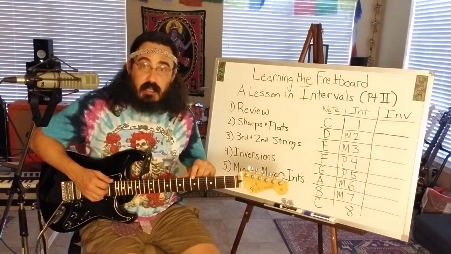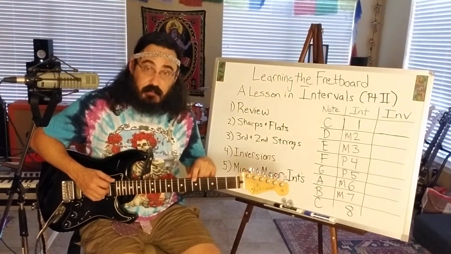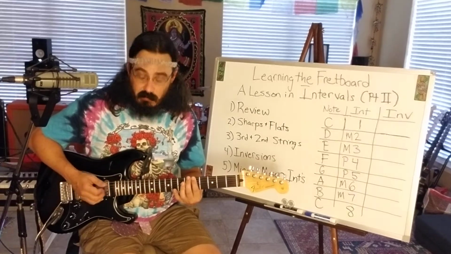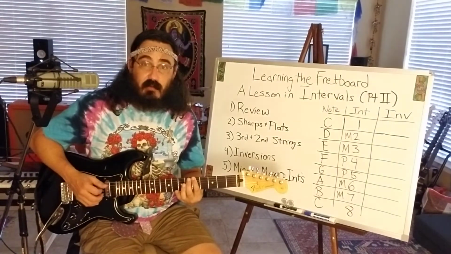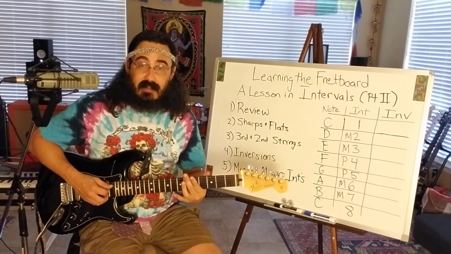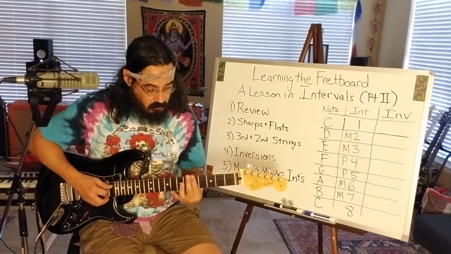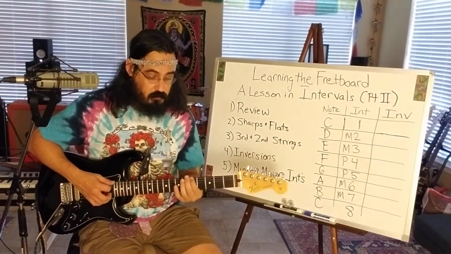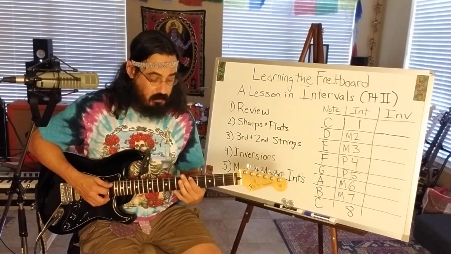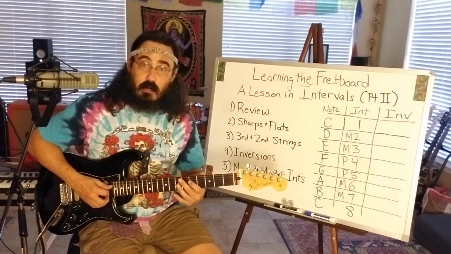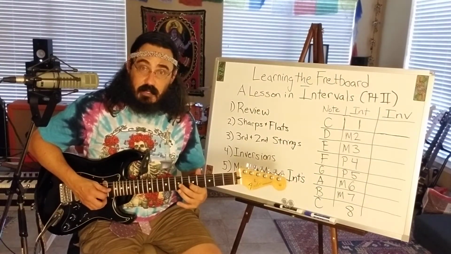I'm here on the fifth fret of the sixth string. That's an A note. And right below that, on the fifth fret of the fifth string, that's a D. So that shape is the fourth interval, the same fret, one string below. That works from 6 to 5, from 5 to 4, and from 4 to 3.